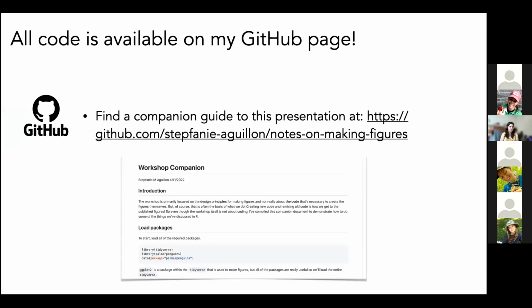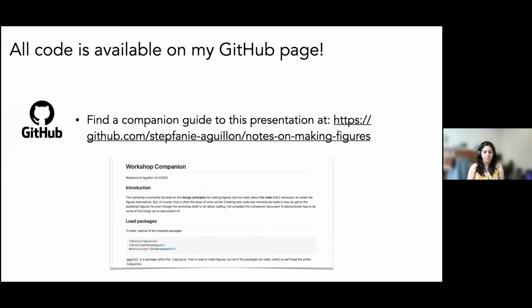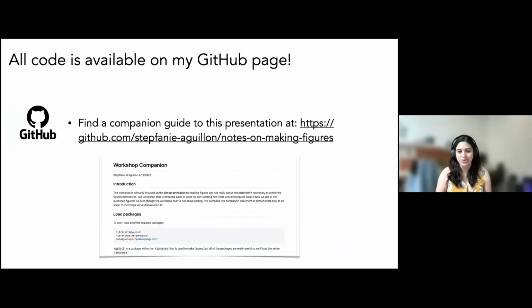One of the updates I've made is making a lot of this available on GitHub. You can find a companion guide with code on my GitHub page. The URL is here. Making these figures requires code. That's not what this workshop is about primarily, but obviously to get to the point of having a figure, you need that code.